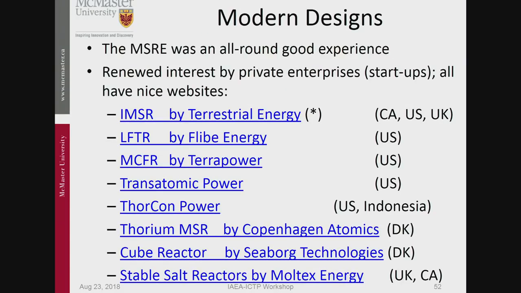Okay. Now, this is just one slide that I will just show. There are quite a few modern designs around that are done by private enterprises. These are all private people, and actually, these first ones here are people that I have worked with, that I'm working with, and the others are in different places in the US, Indonesia, Denmark, UK, and these are all links actually, so you can click on it, and then you get the information, and you will find that it's very nice websites, and a bit thin on information sometimes.